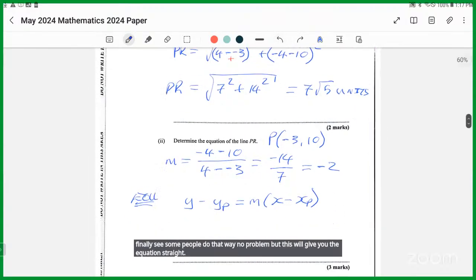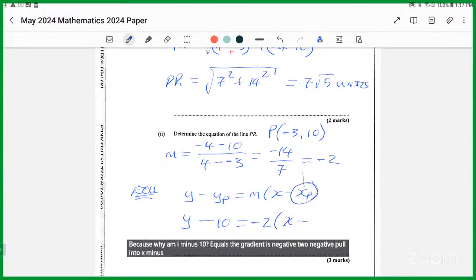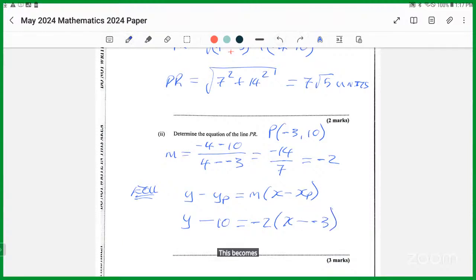Let's set it up. So it's y minus the y value at the point, which is 10. So it's y minus 10 equals the gradient, which is -2, into x minus the x value at the point, which is this -3. So it's x minus -3. This becomes a plus. Let's put a little red plus there so we don't forget.